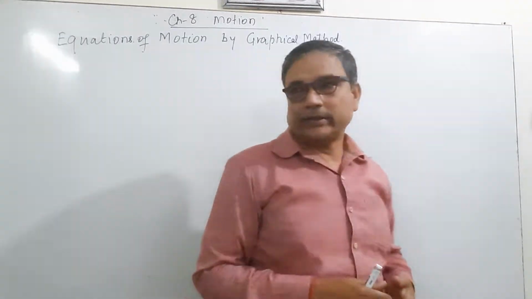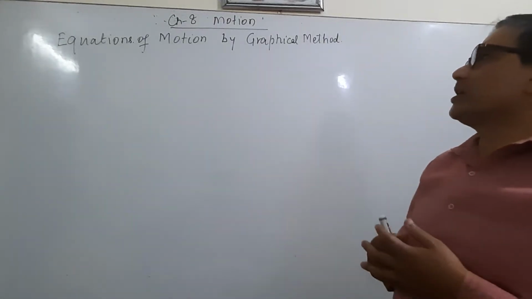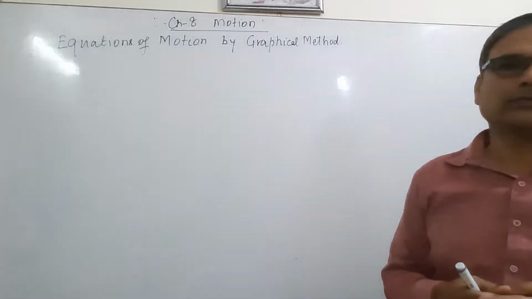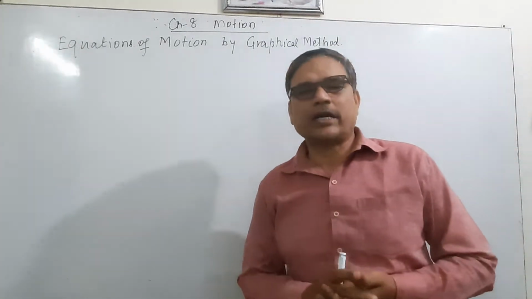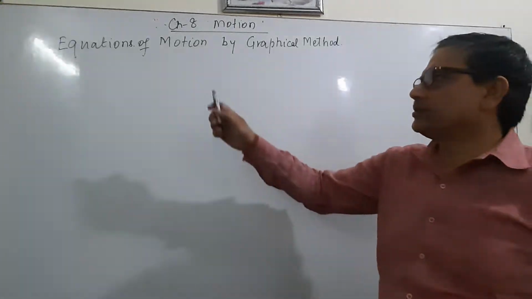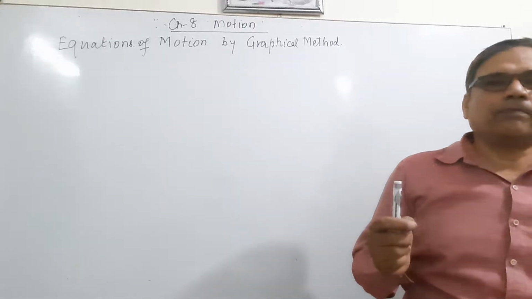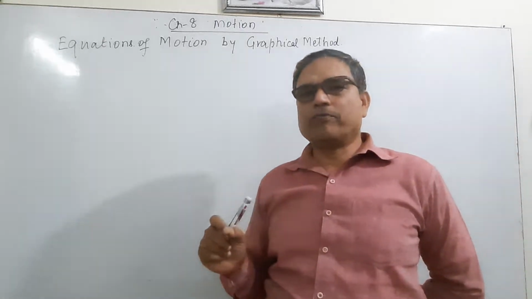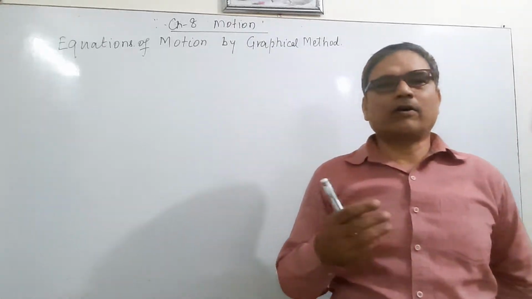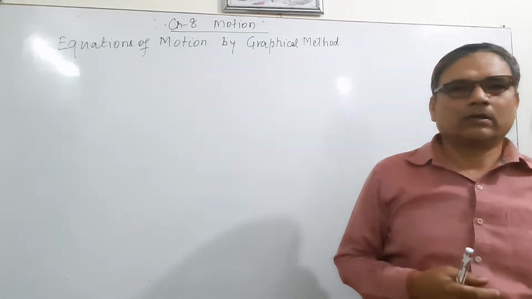Good morning, students. Today we will start again chapter 8, Motion, of Class 9 science, and the topic we will cover is the different types of equations of motion, and graphically we have to prove them.